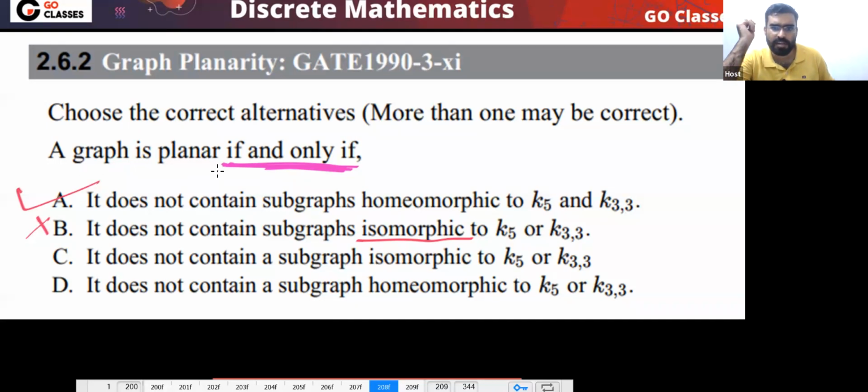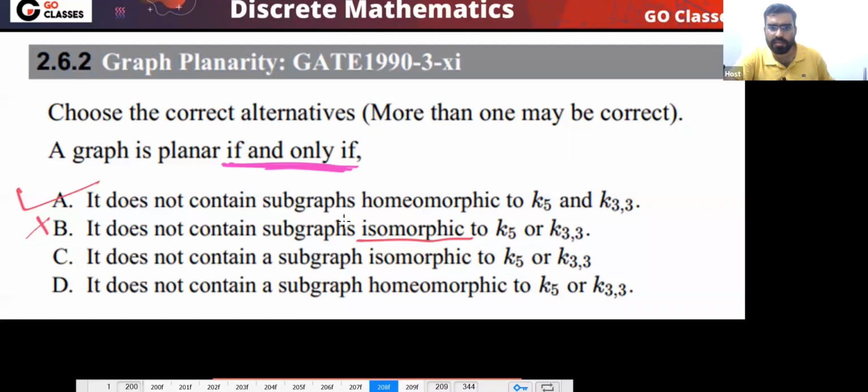A graph is planar if and only if it does not contain this. Yes, and this is correct, right? Option A is correct. A graph is planar if and only if it does not contain neither this nor this. Yes or no? Neither this nor this.